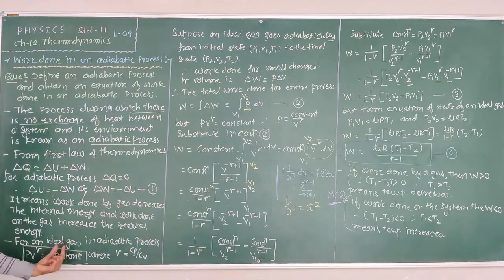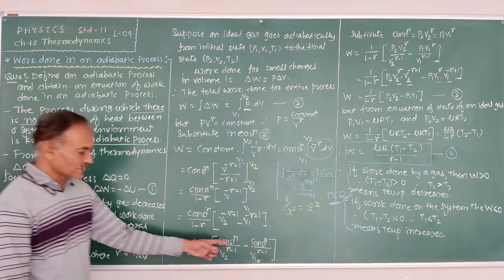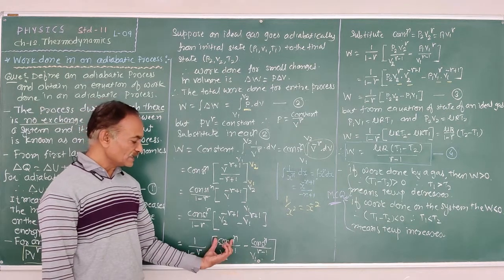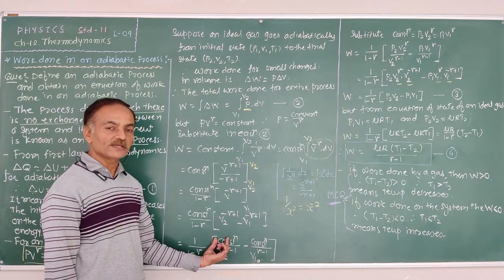But for an adiabatic process, PV^gamma is equal to a constant. In other words, the constant is equal to P1 V1^gamma, which is equal to P2 V2^gamma. Now, in the first term, in the denominator we have V2, therefore instead of the constant we can write P2 V2^gamma.